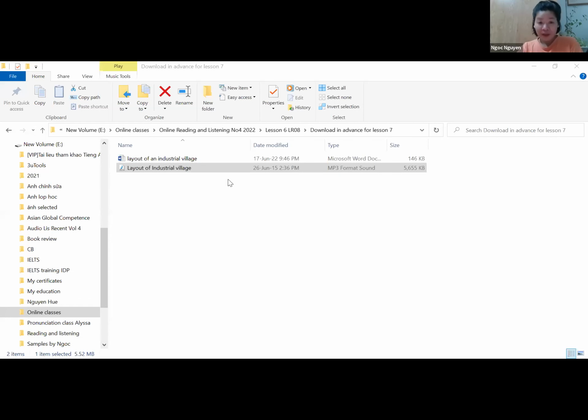In the folder that I required you to download in advance, there are 2 files: a doc file named Layout or Map of an Industrial Village, and an MP3 file with the same name. You will need to answer questions 14 to 20.